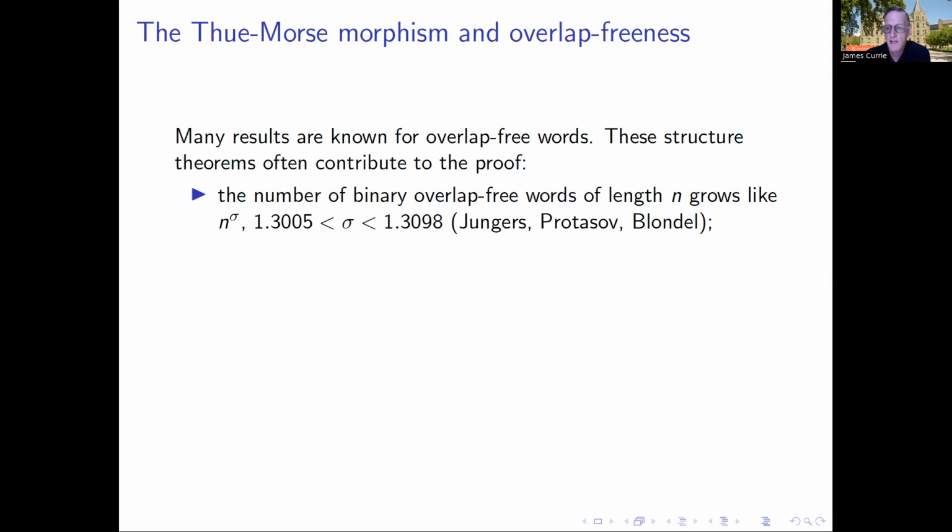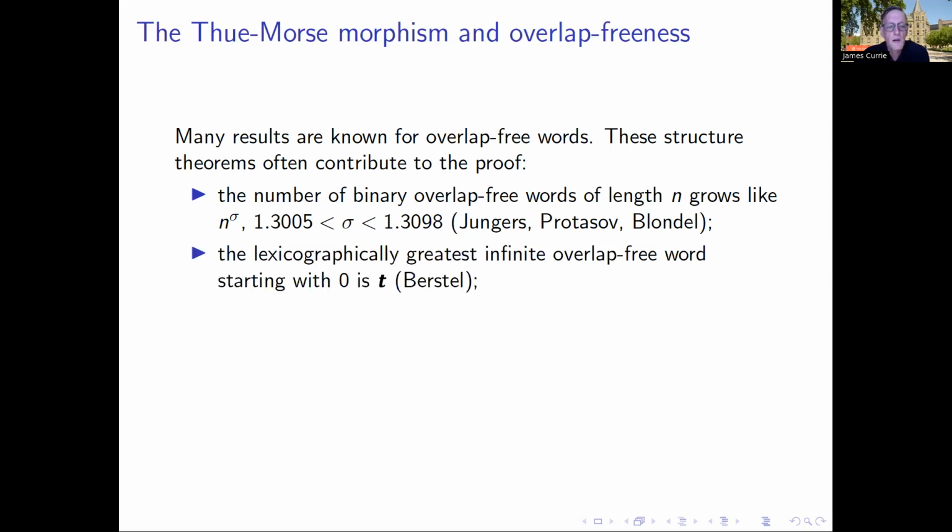Although I would say, for me, I always think of this as Cassaigne's result, because he used the structure theorem to give a specification in terms of regular languages of overlap-free words. The lexicographically greatest infinite overlap-free word, starting with 0, is the Thue-Morse sequence.